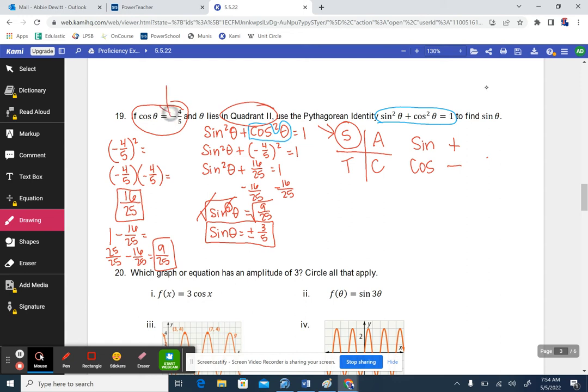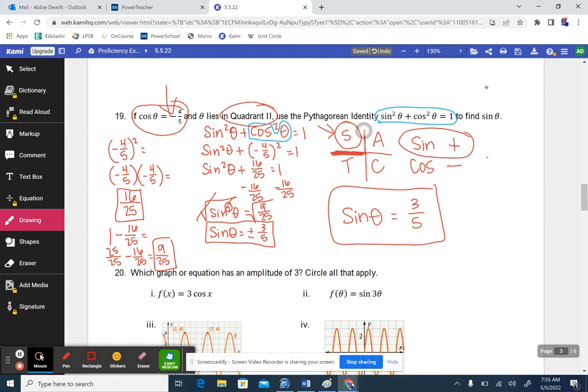So that's right, our cosine is negative. So that tells us that sine theta is only positive. So sine theta is positive 3/5. We drop the negative because in quadrant 2, our x is negative, cosine is negative. Our y is positive, our sine is positive.